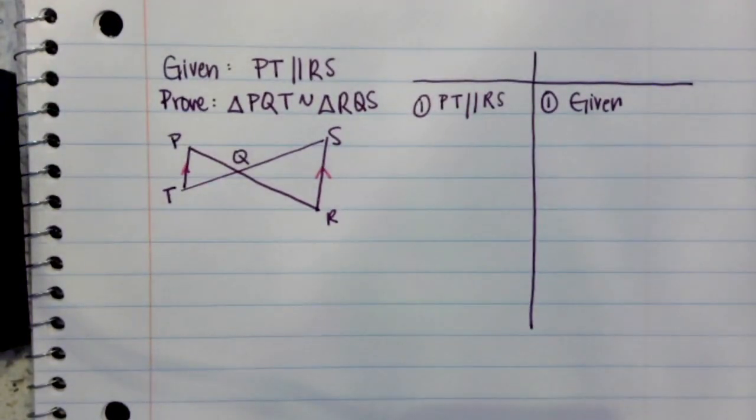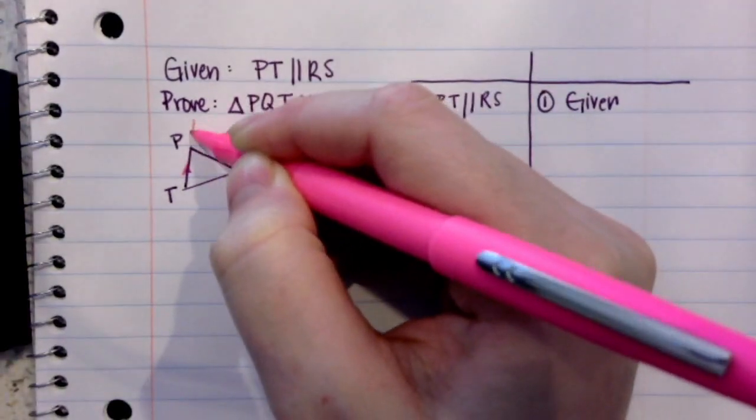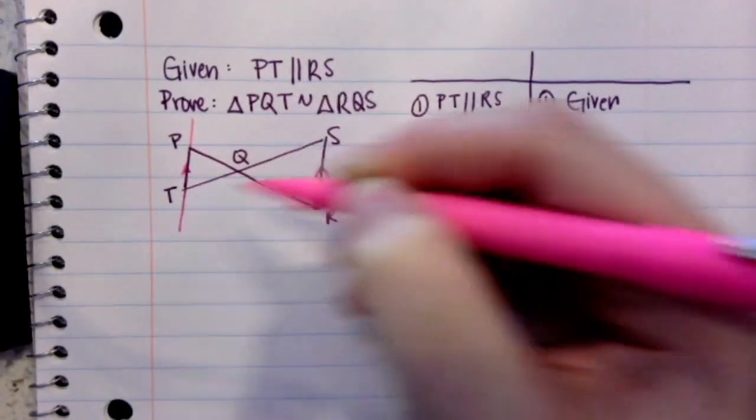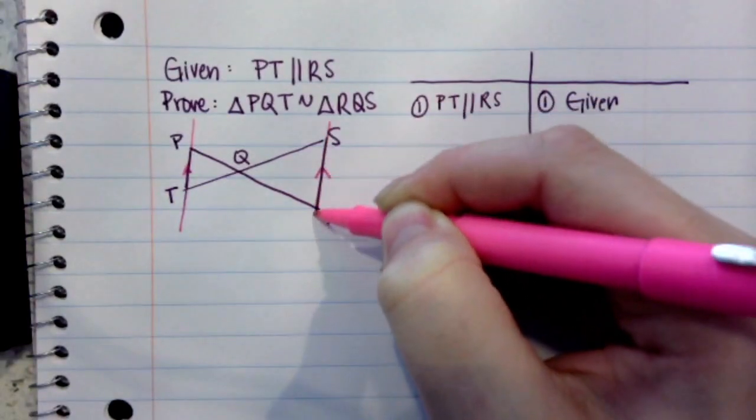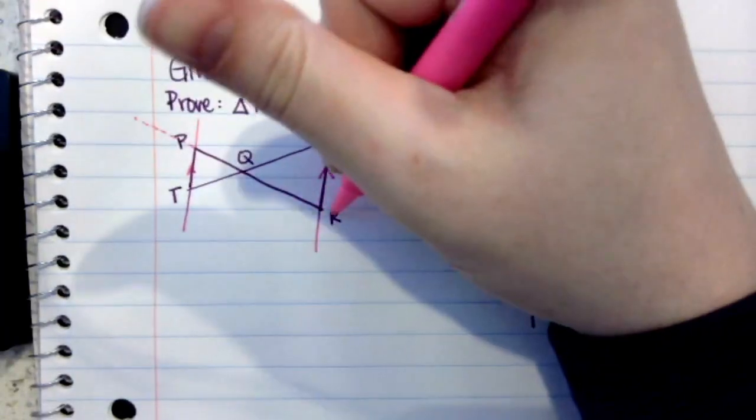And so if we have parallel lines, we're going to use a lot of the angles that we did in first semester with parallel lines and a transversal. So it might be helpful to extend these parallel lines out. So these are parallel to each other. And then just choose one of these sides to use as your transversal and extend that out.